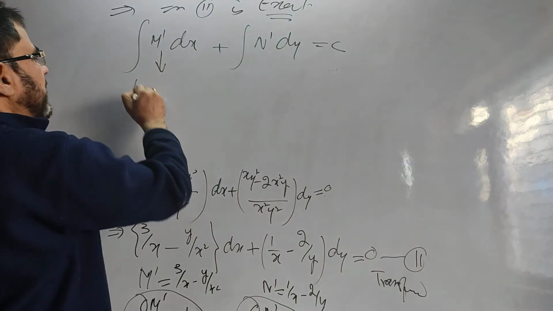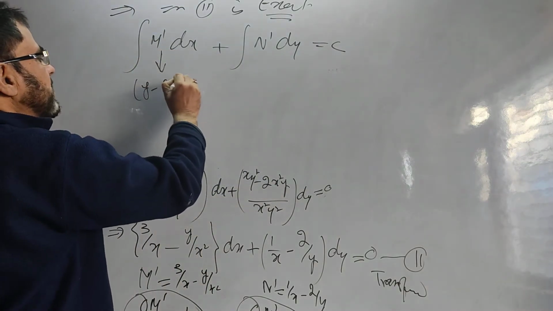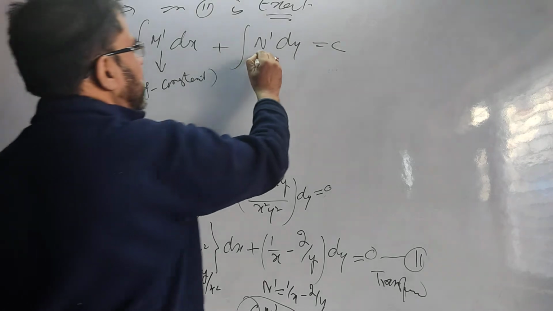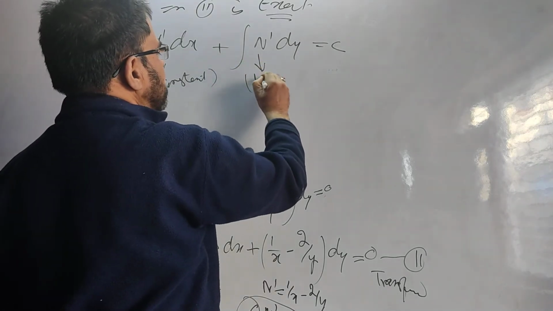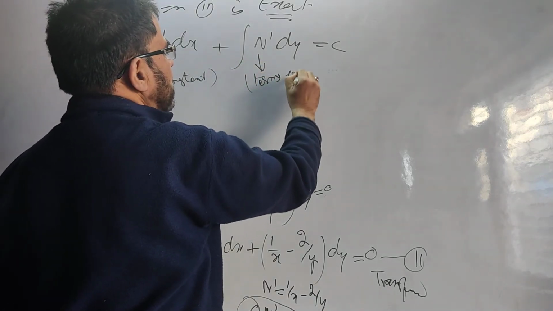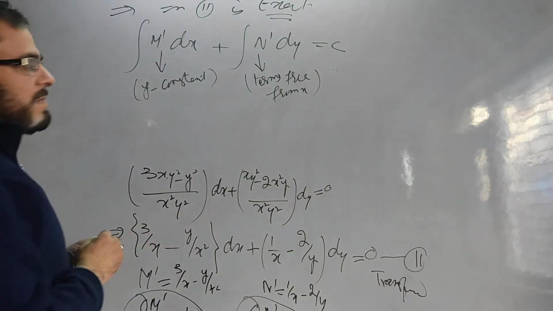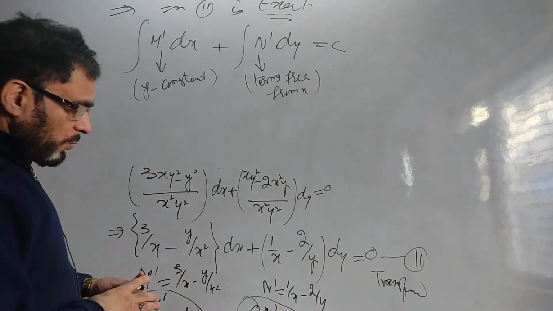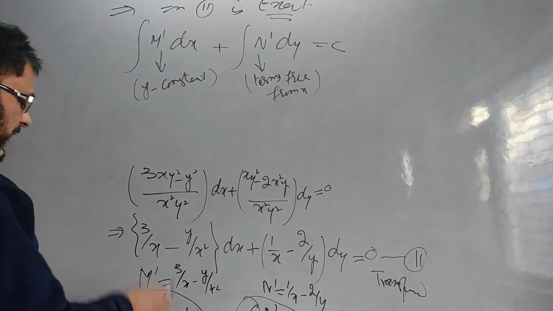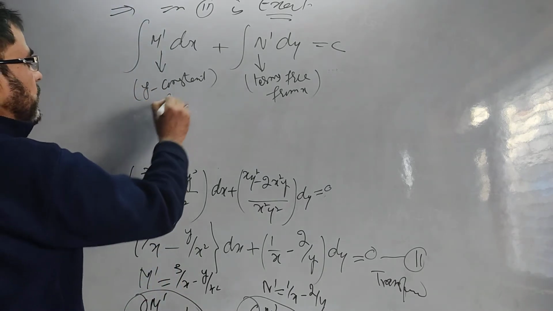Here we treat y as constant as usual, and from n dash we take those terms which are free from x, which do not involve x. We have to write m dash in full form.